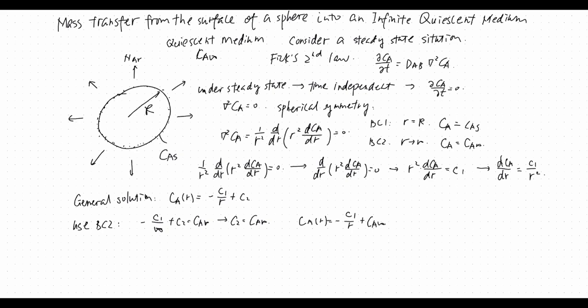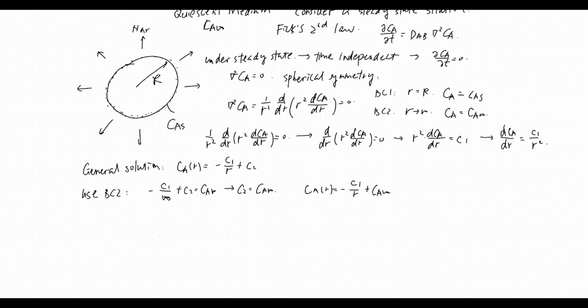And then you use boundary condition 1. It means minus C1 divided by R plus CA infinite equals CAS. It tells you C1 equals R multiplied by (CA infinite minus CAS).